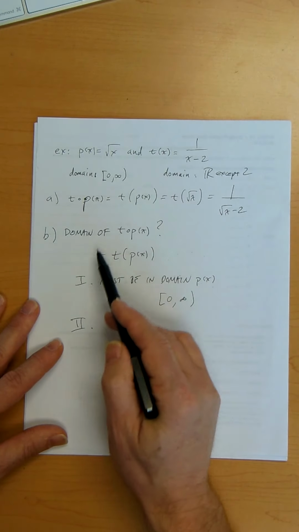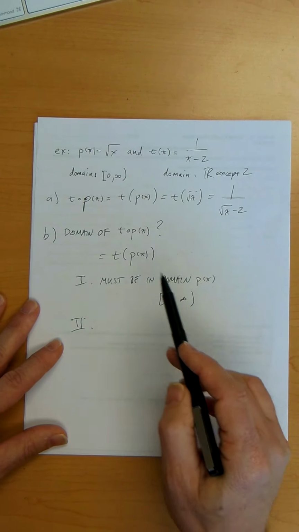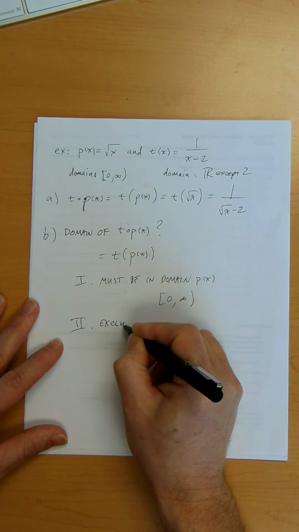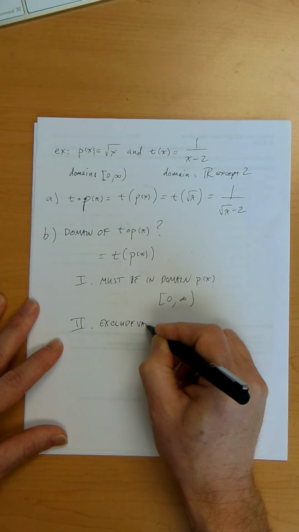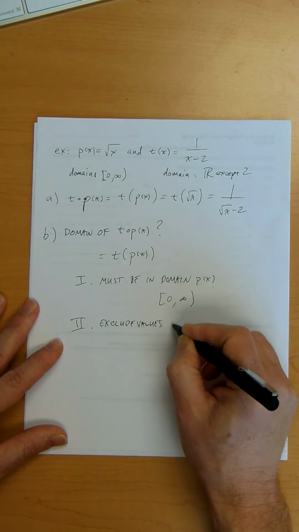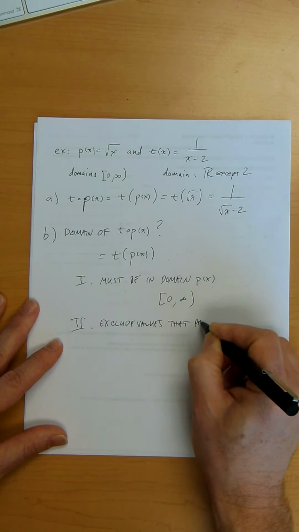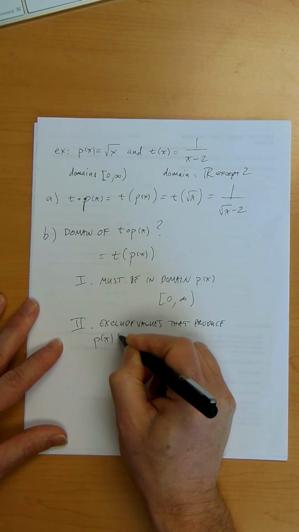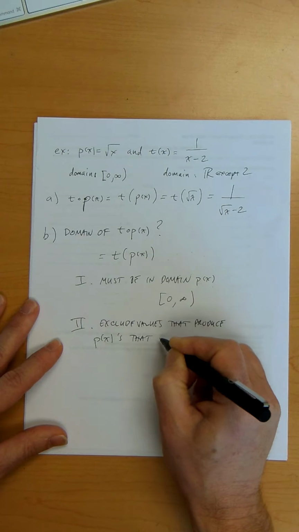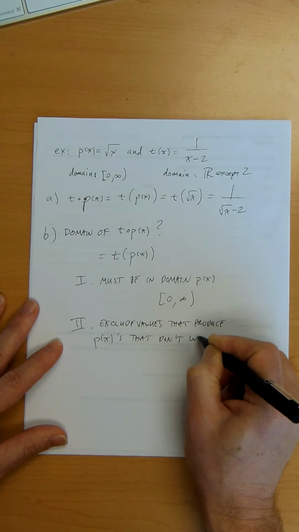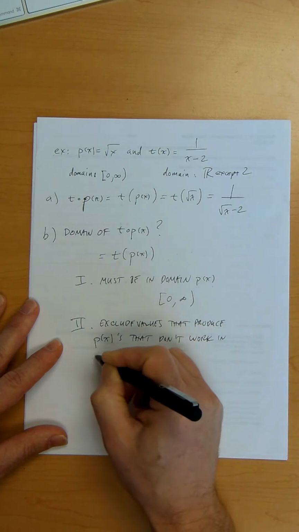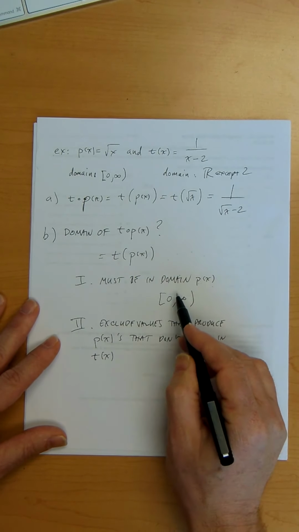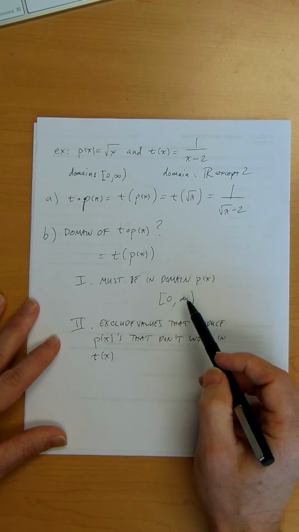I know this is complicated to say. It's actually easier to do when you get the idea. To be in the domain of the composition, it's got to be in the domain of the inside function, and then you also have to exclude values that produce p of x's that don't work in t of x. So I need to be in 0 to infinity, but I also have to exclude the value 4.